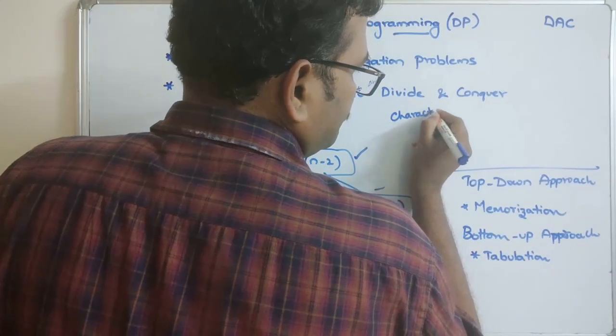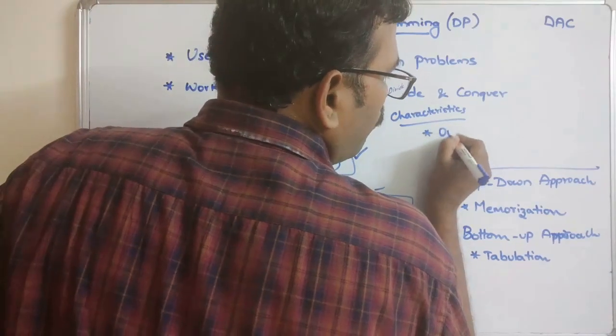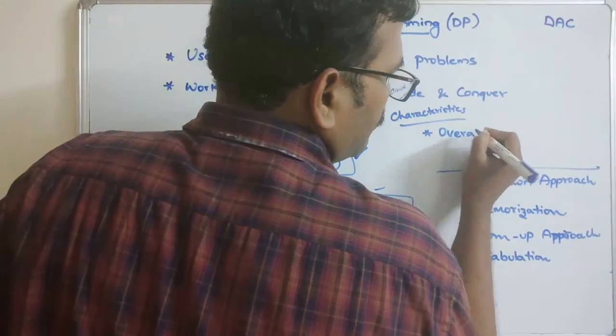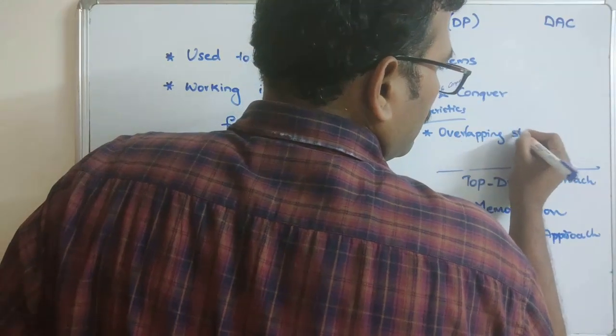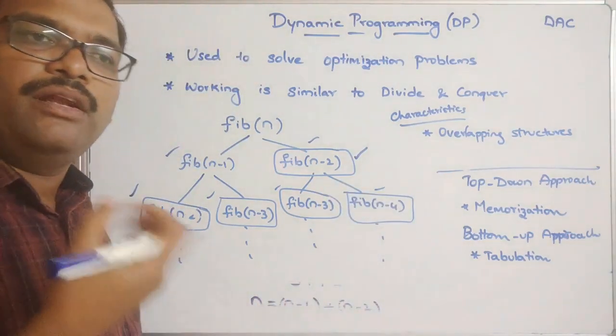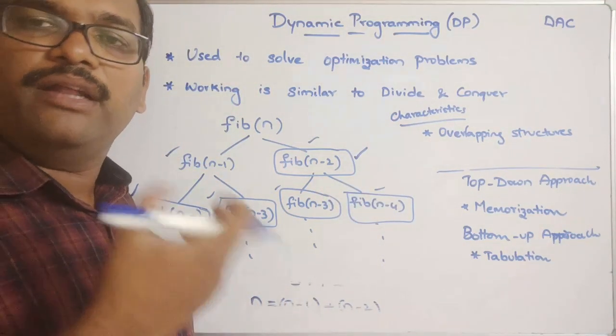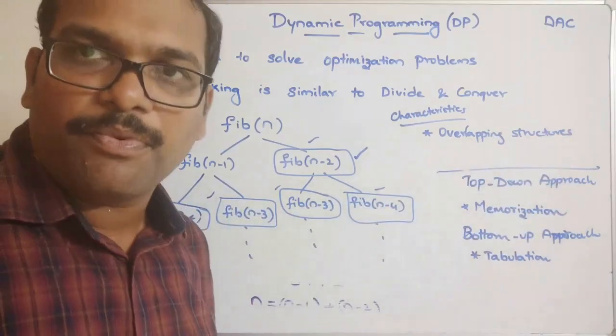Characteristics. One is overlapping structure. Actually, in dynamic programming we are also dividing the problem into subproblems, but here the subproblems overlap.